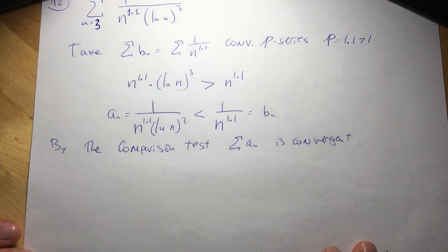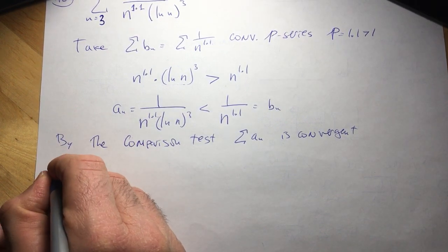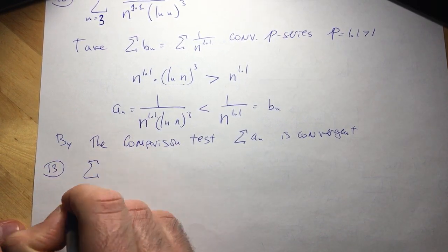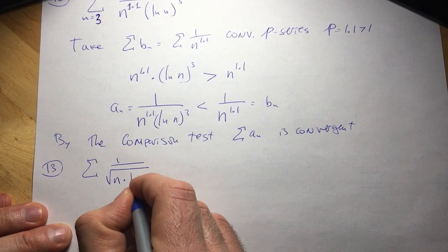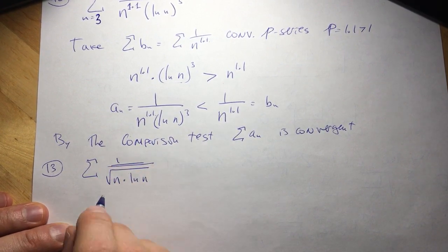And finally, the last series for this video is the sum of 1 over square root of n times ln of n.